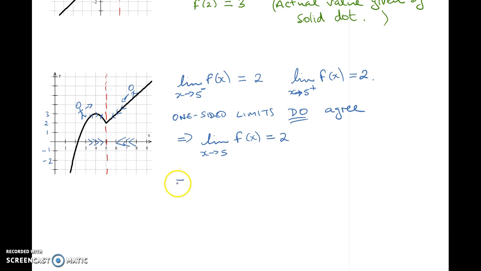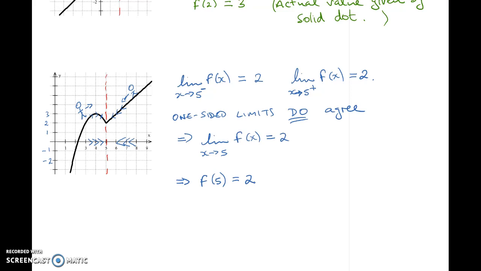The value of the function is just part of the line, and in this case f of 5, the actual value of the function, is equal to 2 as well. The graph simply goes through that point and continues through it, so we don't need dots to tell us the value. It's more obvious than that.